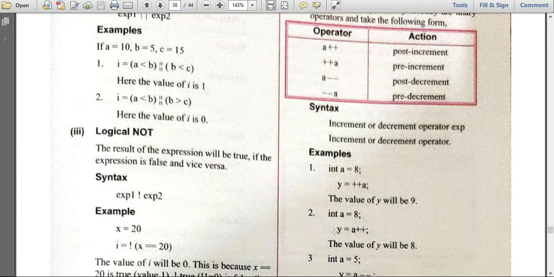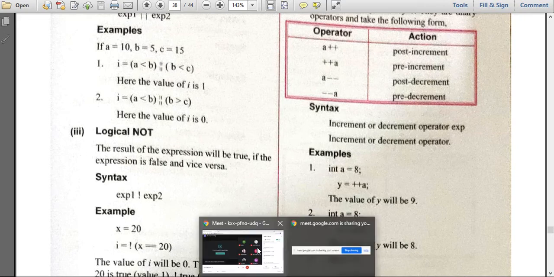After assigning that value, the value will get incremented, that is post-increment. Pre-increment means first it increments the value and then assigns it to y. Post-increment means first it assigns the value to y, and after assigning, the value gets incremented. That is the difference between pre-increment and post-increment.